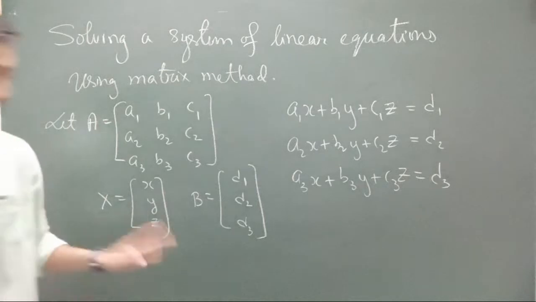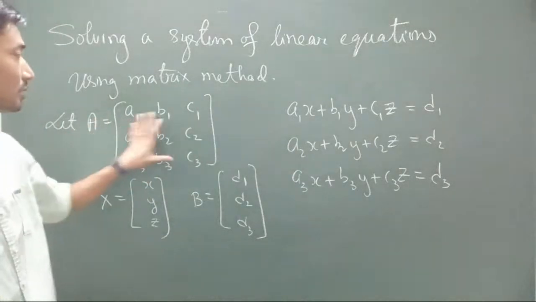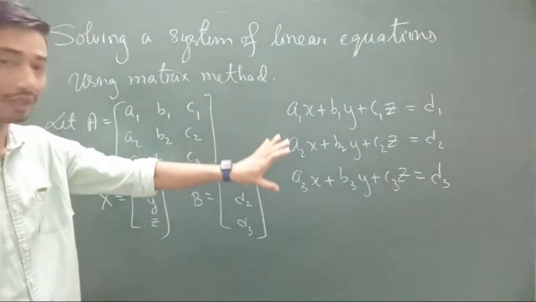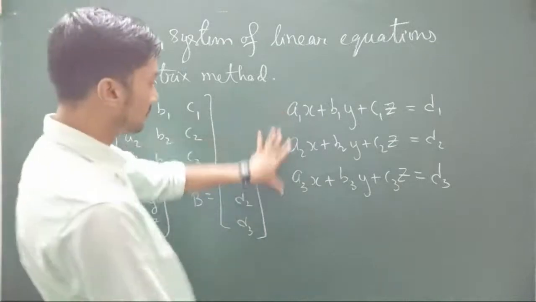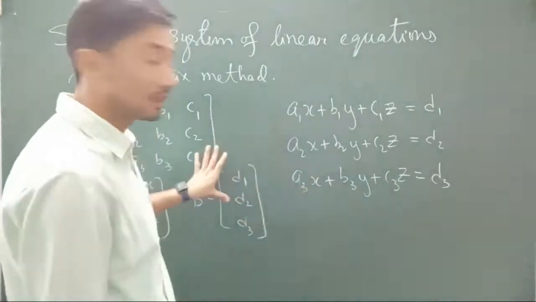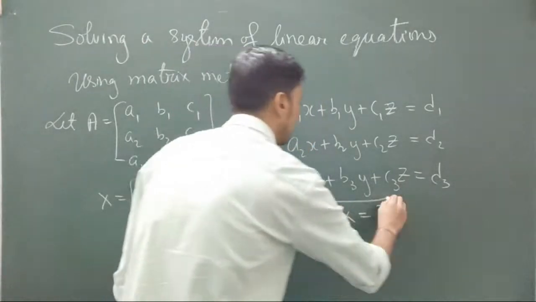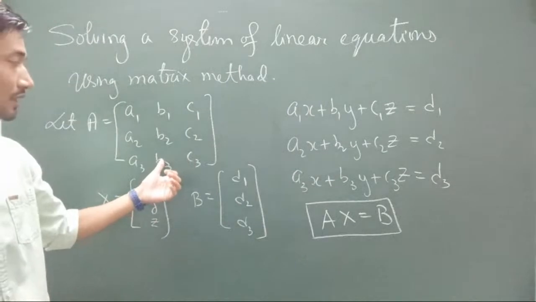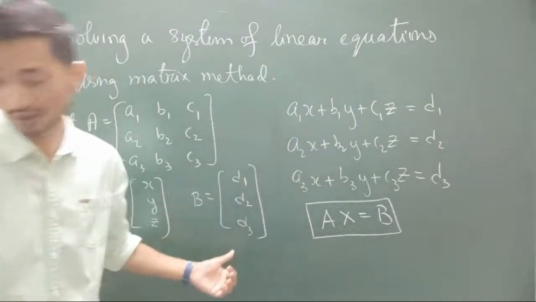If this set of linear equations can be written in matrix form, where A represents the coefficients of the variables, X represents the variables, and B represents the constant terms, then, since you already know how to multiply matrices, this system of equations can be represented by the matrix method as AX equal to B.